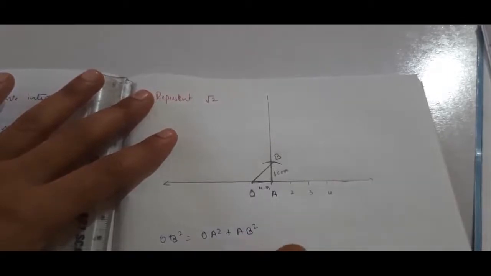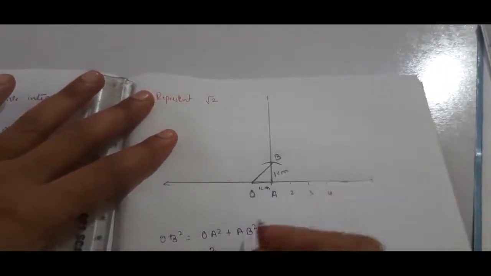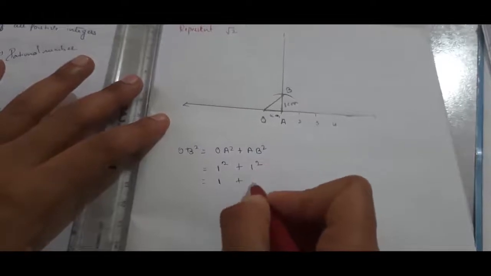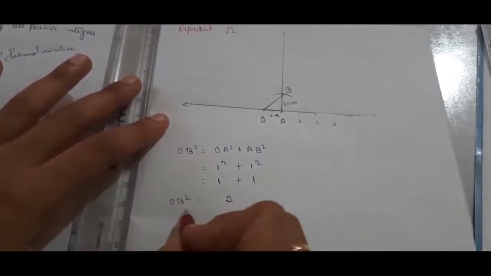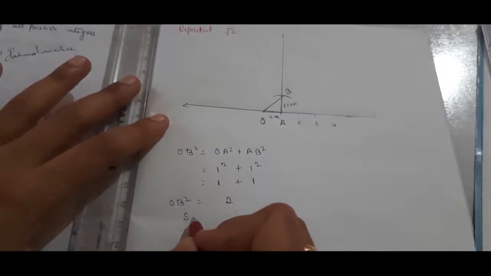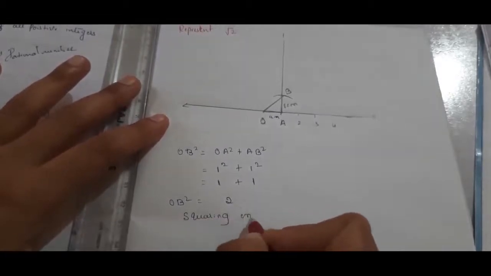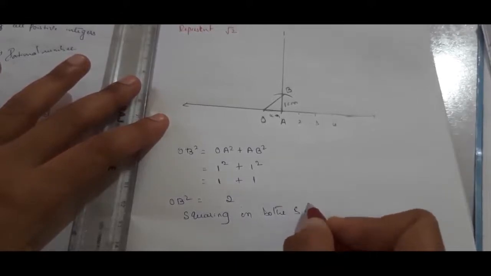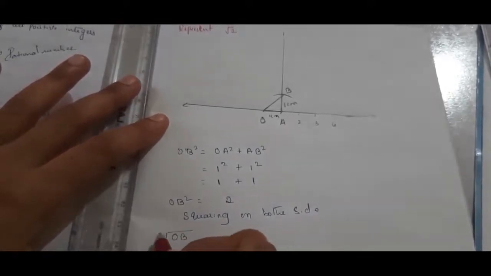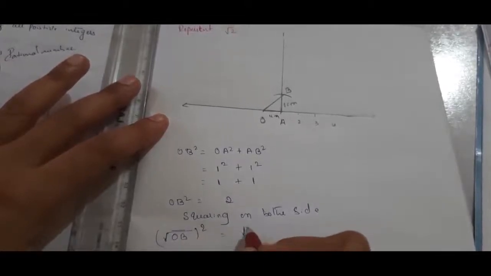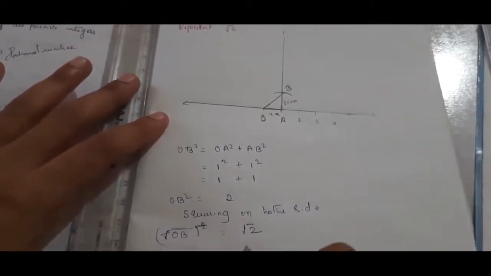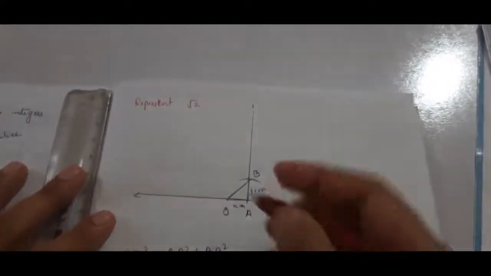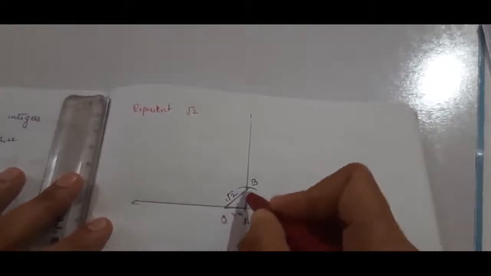OA is 1, so 1 square, and AB is 1, so 1 square. 1 square is nothing but 1. 1 plus 1 is 2, so OB square is 2. I only want OB, so squaring on both sides, the square root and the square cancel, and OB equals what here? Root 2. We got root 2 here.